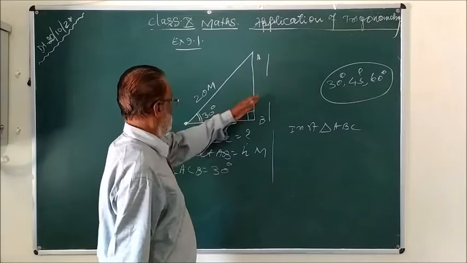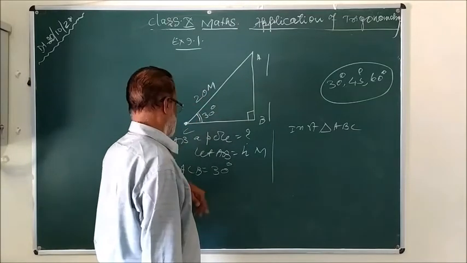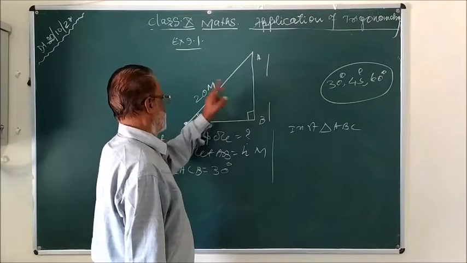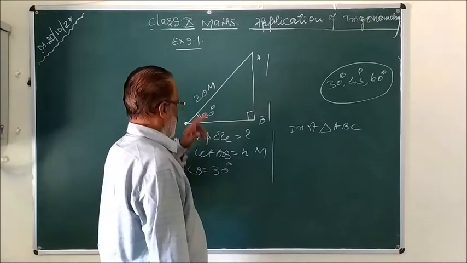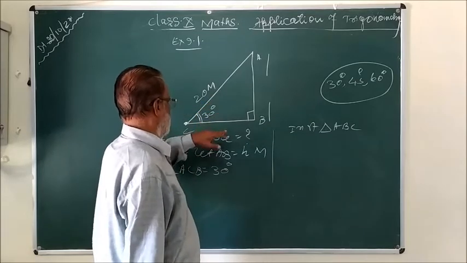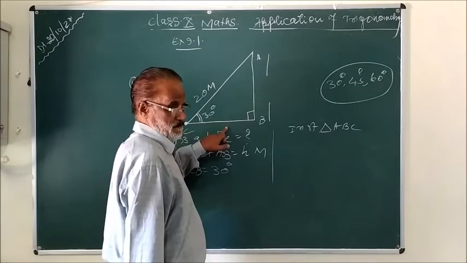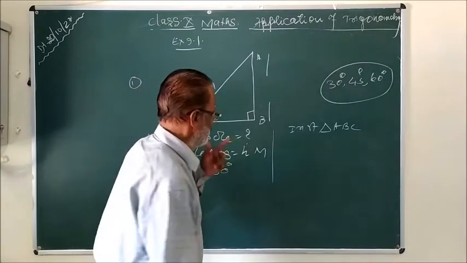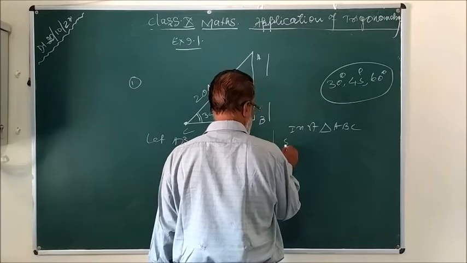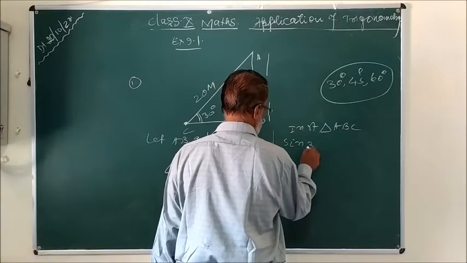Either sine, P by H, or cos, B by H. If we use sine, you will find directly because you have to find AB. And if you take cos, you will find BC, and then you have to find AB by using the Pythagoras theorem. So we take sin 30 degree.